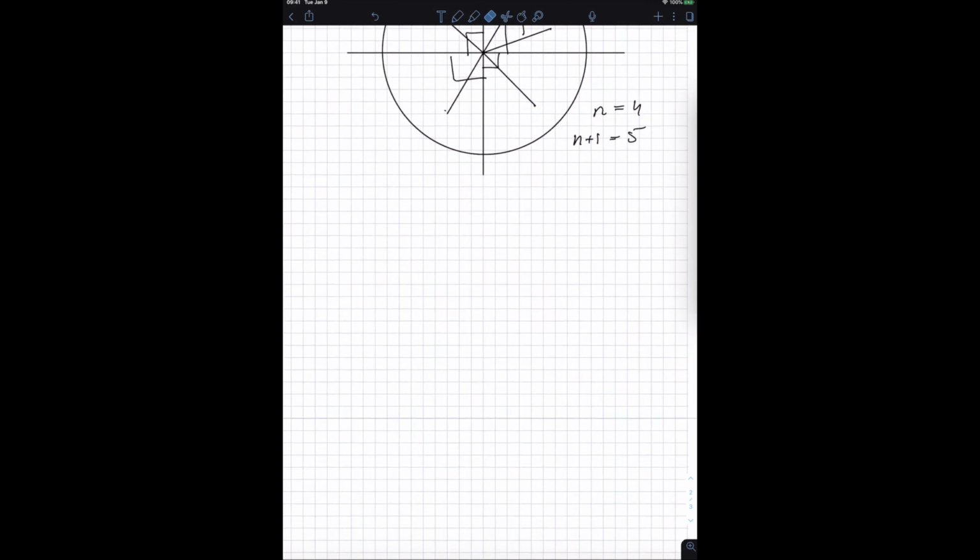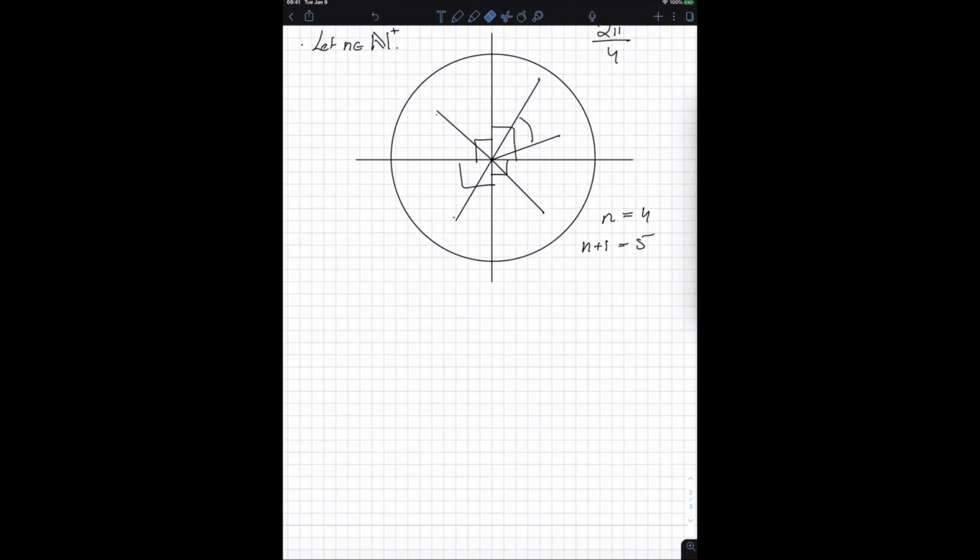You basically describe this entire process more generally. What you say is that let's divide the circle C into n equal parts.